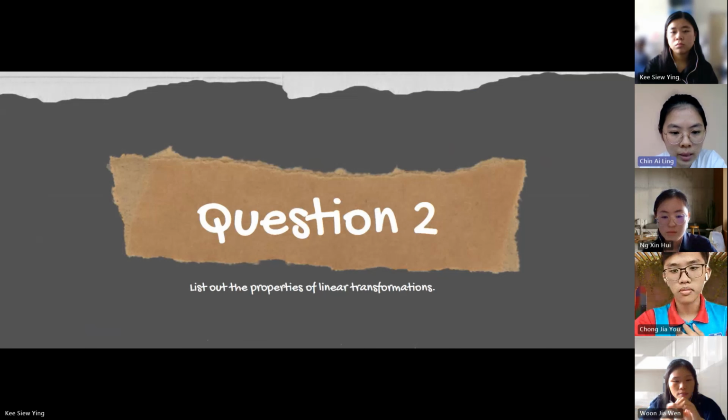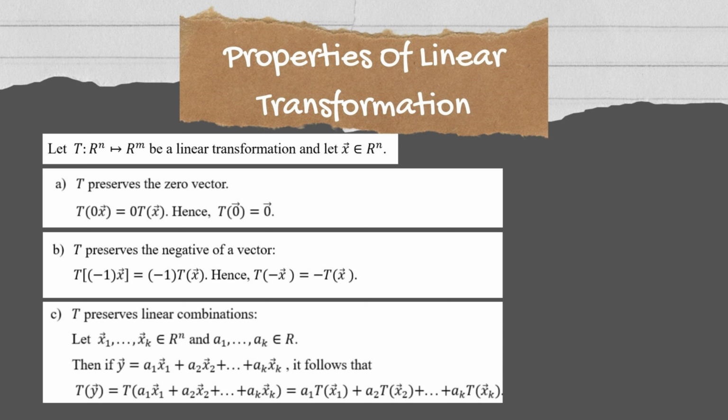Question 2. List out the properties of linear transformation. Let T: Rn maps to Rm be a linear transformation and let x be in Rn. First, T preserves the zero vector: T(0x) equals 0 T(x), hence T(0) equals 0. The second one, T preserves the negative of a vector: T(negative 1 x) equals negative 1 T(x), hence T(negative x) equals negative T(x).